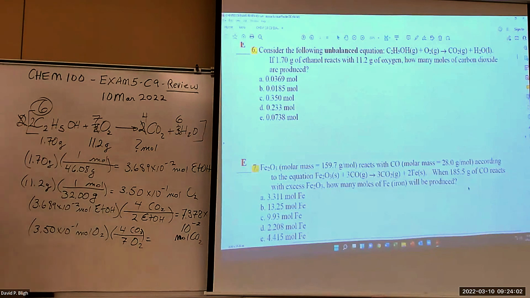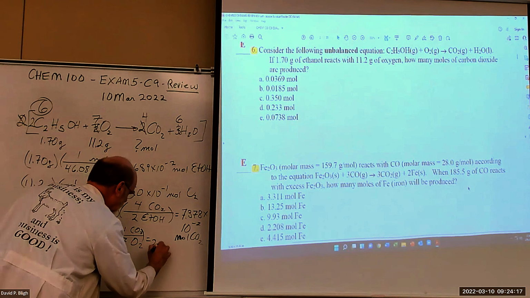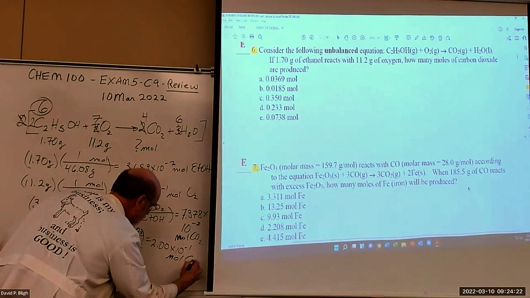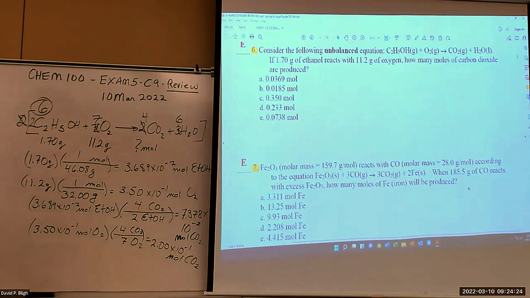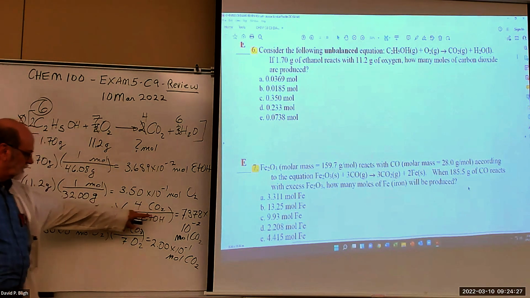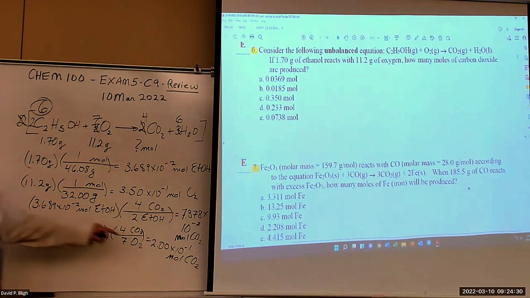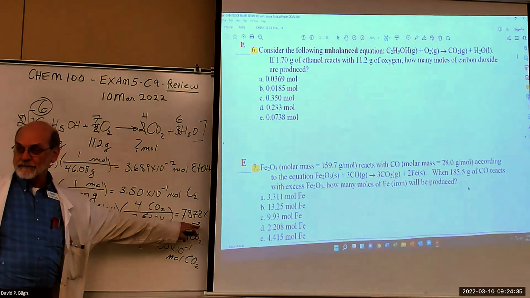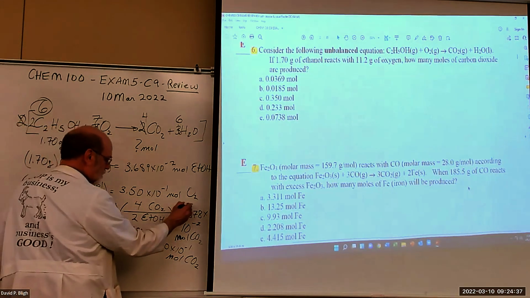Okay, so 4 times that value divided by 7. And I get 2.00 times 10 to the minus 1 moles of CO2. All right, so which one's limiting? Ethanol is limiting. This one's 10 to the minus 1, this one's 10 to the minus 2. So this is the amount in moles.